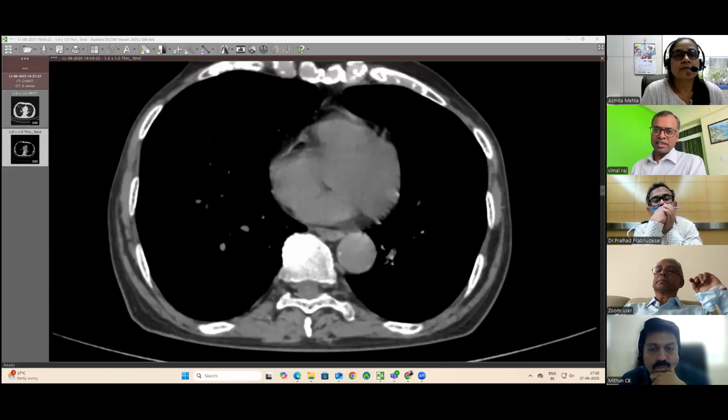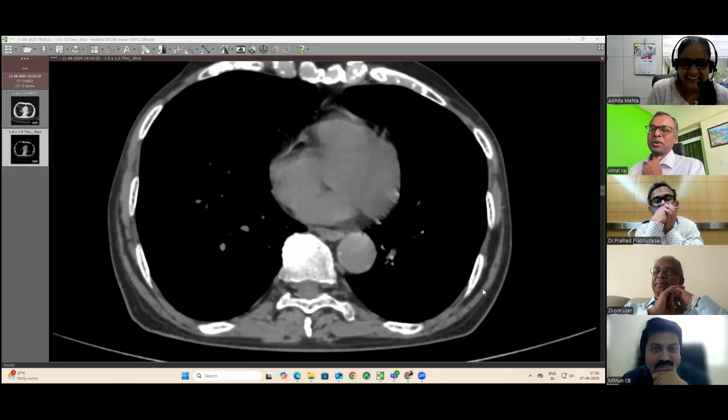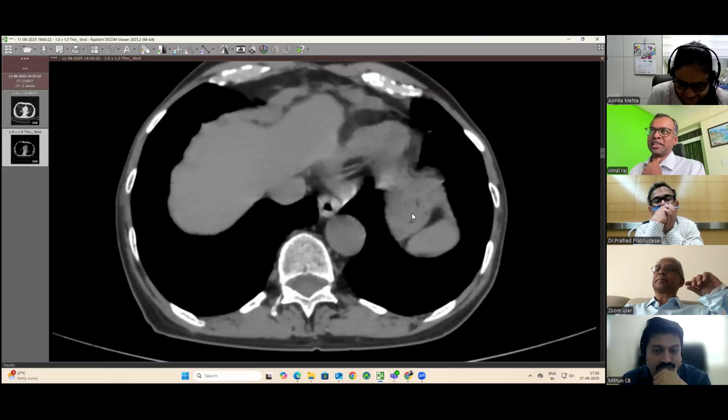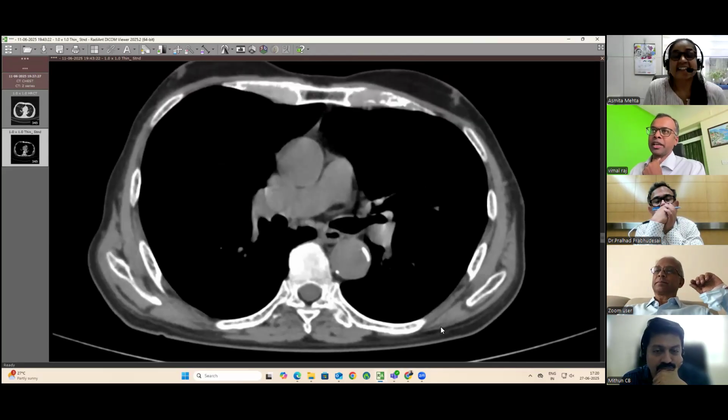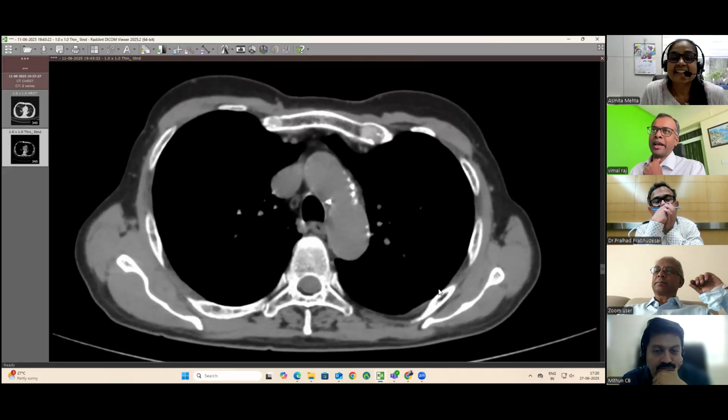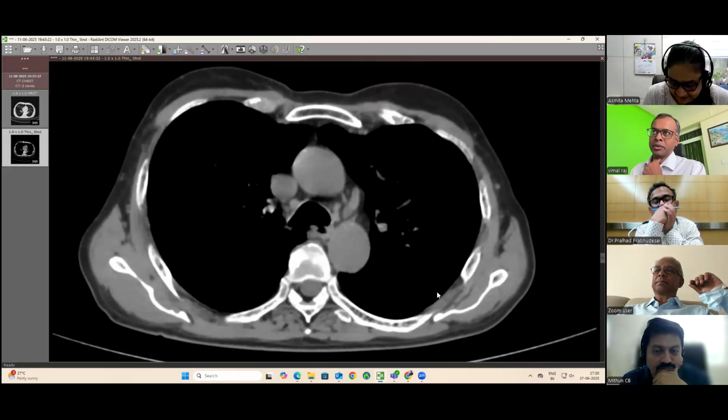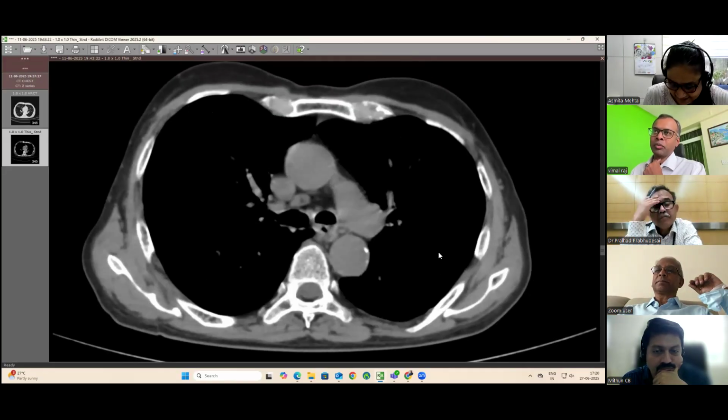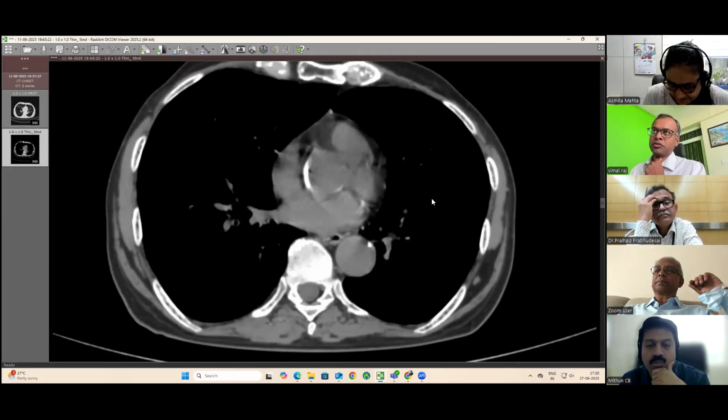Whenever somebody says it will be easy, I always worry. So this is the CT scan of this gentleman, from earlier this month. There are a lot of atherosclerotic changes in the aorta, which is okay for his age. Not much in terms of lymph nodes.